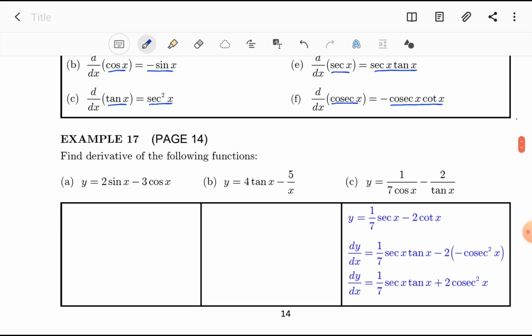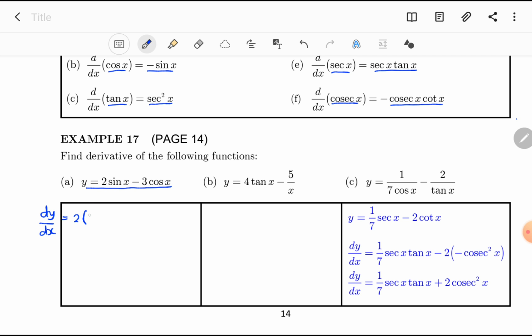Example number 17 on page 14. Part A. We have y equals 2 sin x minus 3 cos x. So, dy dx equals, we copy the coefficient 2 and differentiate sin x.